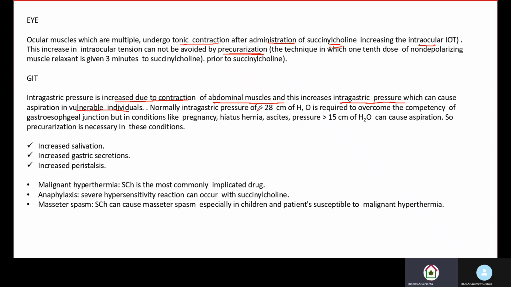Normally, intragastric pressure of more than 28 centimeter H2O is required to overcome the competency of the gastroesophageal junction, and in conditions like pregnancy, hiatus hernia, ascites, pressure of more than 15 centimeter H2O can cause aspiration. So pre-curarization is necessary in these conditions.